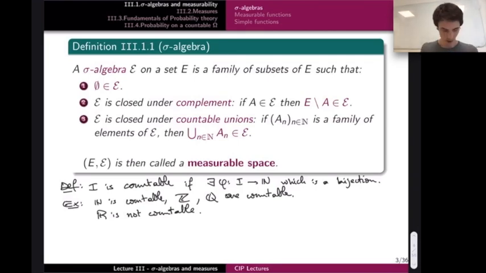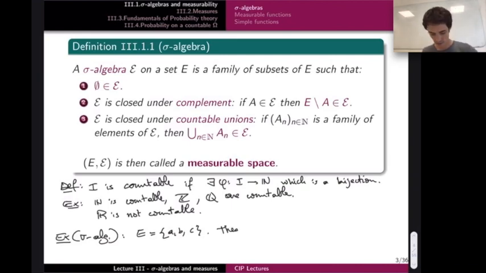We will not give any more details here, but instead some consequences and perhaps some simple examples of a sigma-algebra. Very simple: let's say that E is made of three elements, A, B, and C. If I had just one or two elements, it would be too simple, so let's start with three elements.